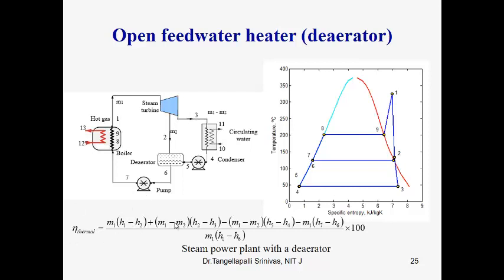Thermal efficiency is the net output over the heat input. The output is from two types. One is expansion before trapping, expansion after trapping, minus the work input to the pump.